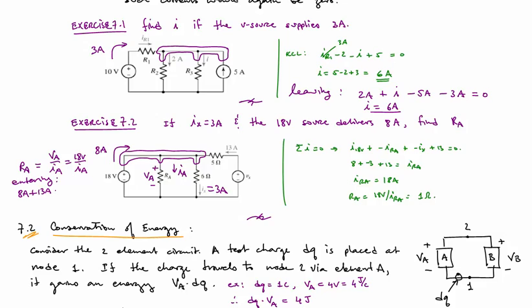We have minus 3 amps entering through the 6 ohms, and we have minus I_A entering. So that means I_A is equal to 13 plus 8 is 21, minus 3 is 18. And so that means this resistance is 1 ohm, 18 volts over 18 amps.